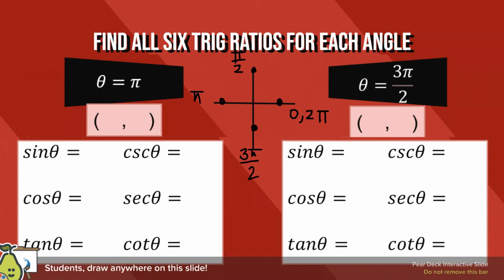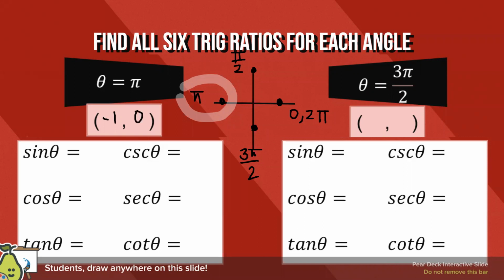So I want to see what theta equal to pi is. That means I'm going to focus in on this point right here. What is the coordinate point of that? Well, x is -1 and y is 0.